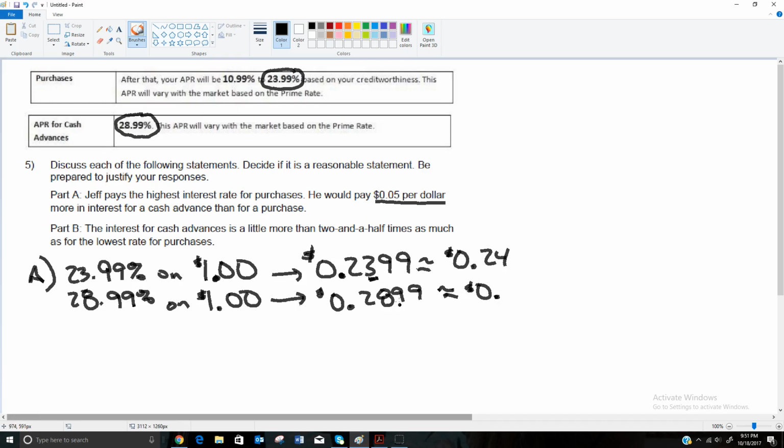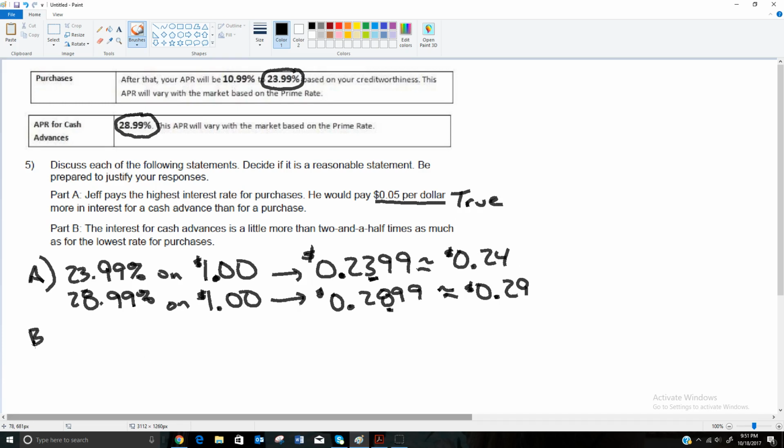So here we rounded the 3 up to 4 because it was followed by these 9s. Here we rounded the 8 up to 9. So on every dollar that Jeff spends, he has to pay 5 more cents. So that's exactly true.